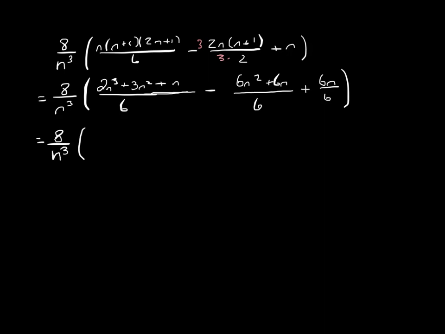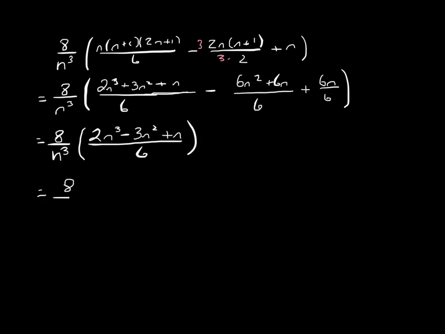Still have this 8 over n cubed out here. So 2n cubed, we've got a 3n squared minus 6n squared is negative 3n squared. Then we've got an n minus 6n plus 6n, so that's just going to be n over 6. And now let's take out one of these n's and cancel with one of those.